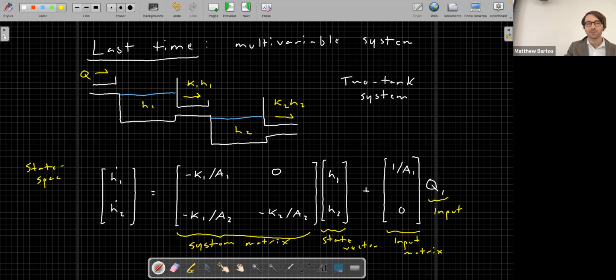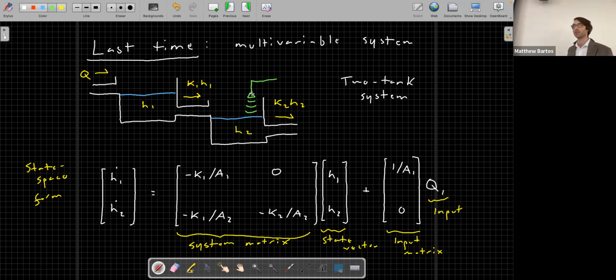We also talked about observation equations. Can anyone in their own words describe what the observation equation does or is? So we looked at an example where we had one sensor that's able to read the state of only the second tank.